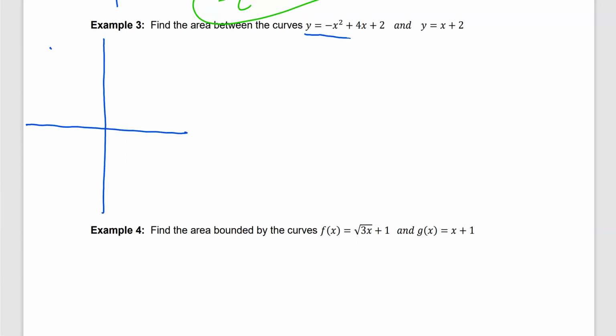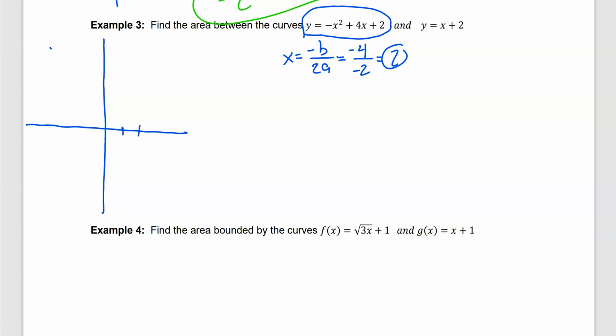All right, I know this first equation is a parabola opening upside down. I'm not sure where exactly it is, but I do remember from algebra that the x value of the vertex is -b over 2a. So -4 over -2, which is a 2.